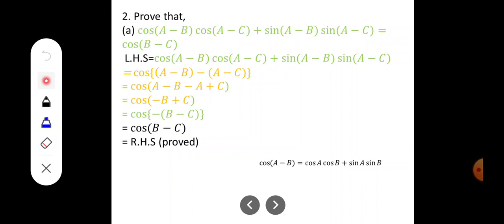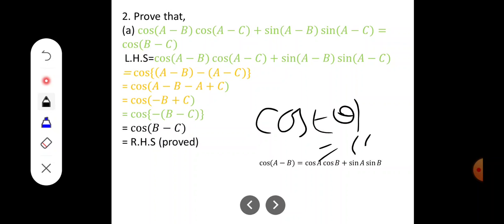Here A minus B equal A, and A minus C equal B. So this is cos A minus B formula. After simplifying, we get here cos minus b plus c, and taking common minus, we get minus cos minus b plus c, and we know cos minus theta equal cos theta.